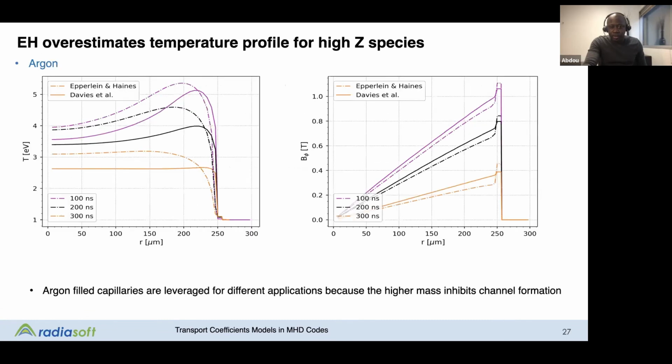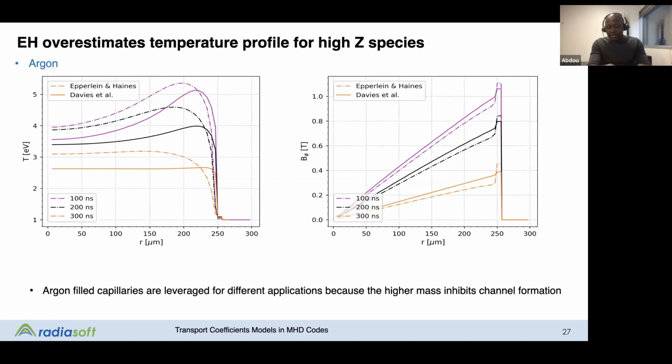So far, what we show is very similar to what other studies have shown using this new fit, which is there is not a big difference in terms of magnetic fields, but in terms of temperature, these descriptions do predict a lower temperature and a formation of the channel, let's say 10 nanoseconds later than the Spitzer model, or the Epperlein and Haines model.